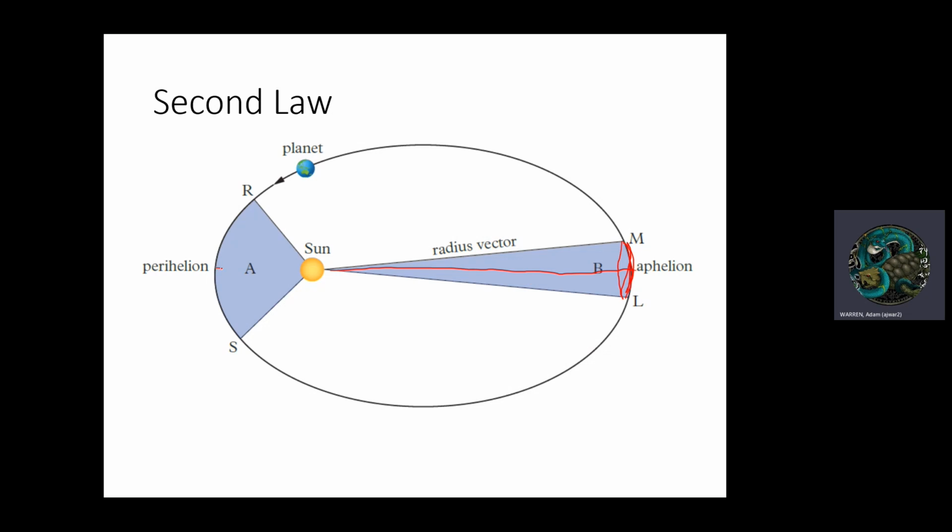While here on triangle A, the height is quite a bit shorter than the height of B, but the length around it, the length from R to S, is quite a bit bigger. Okay. If, however, we worked out the area of A and the area of B, they would be the same.